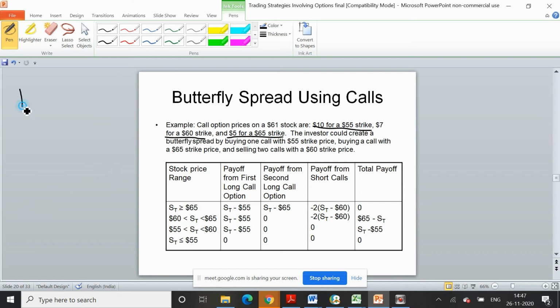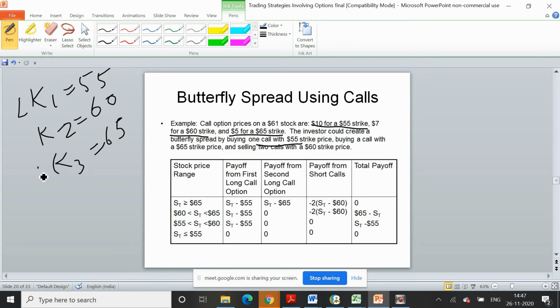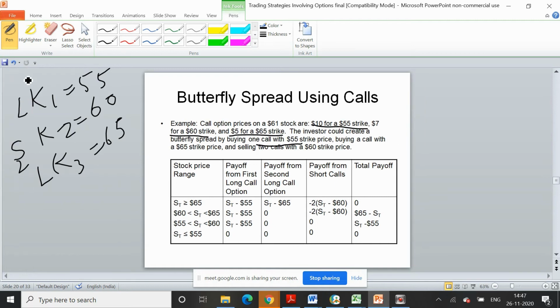K1 is equal to 55, K2 is 60 and K3 is 65. The investor could create a butterfly spread by buying one call with 55. So he has a long call for 55 and a long call for 65, and then 2 short calls for K2.